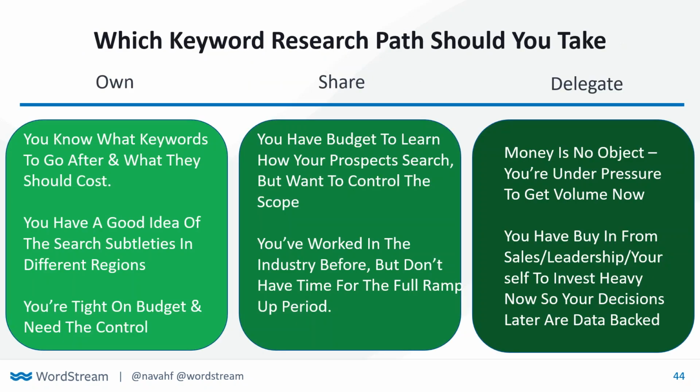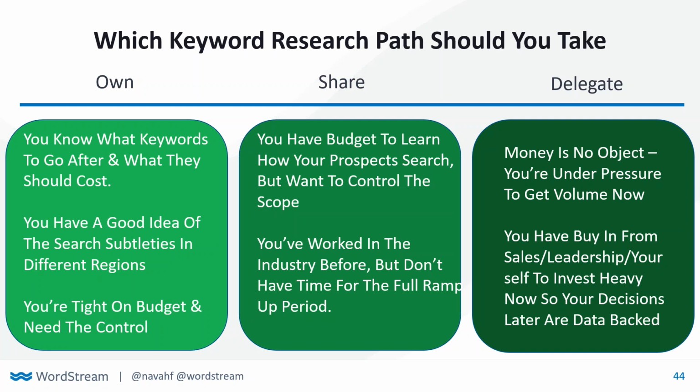So which keyword research path should we take? If you're going to own it, you know what keywords to go after, and you know what they should cost. You have a good idea of the search subtleties in different regions, and you're tight on budget and need the control. If you're going to be sharing with the machines, you should likely, or you have the budget to learn how your prospects search, but you want to control the scope, particularly if you're a little bit still budget conscious.